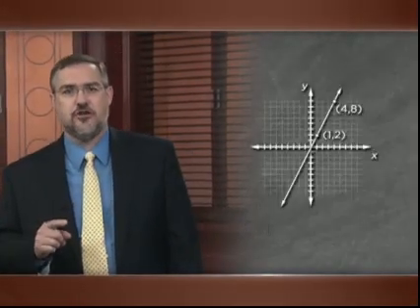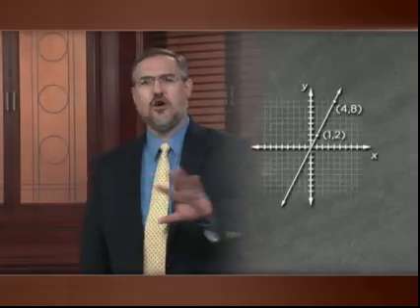But I do want you to notice a very important fact about this particular line. Notice that as you read over the line from left to right, the line goes upwards. This is very important when we're thinking about something called the slope of a line. And I'm going to talk more about that later on in this lesson. But keep something in mind.